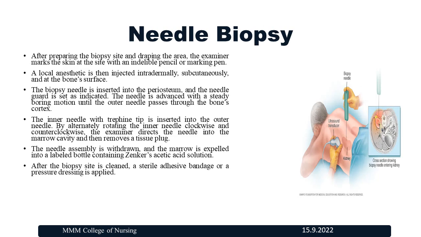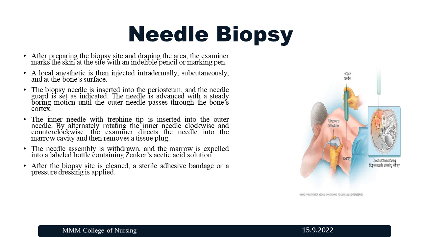The needle biopsy: after preparing the biopsy site and draping the area, the examiner marks the skin at the site with an indelible pencil or marking pen. The local anesthetic is then injected intradermally, subcutaneously, and at the bone surface. The biopsy needle is inserted into the periosteum and the needle guard is set as indicated. The needle is advanced with a steady boring motion until the outer needle passes through the bone's cortex.